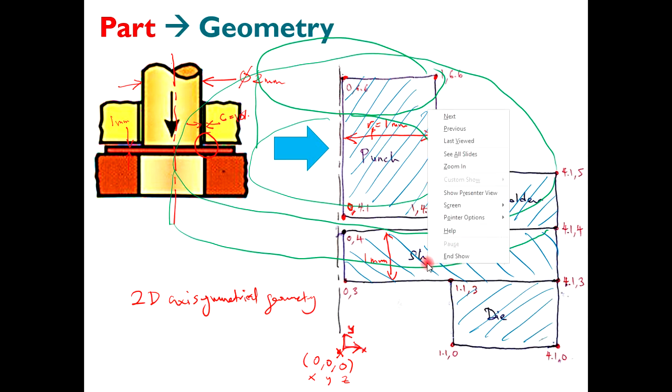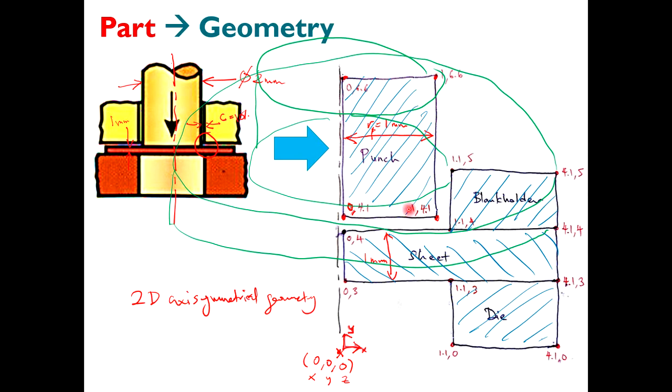That's why we need to locate each coordinate. You start from 0, 0 here, then go up here. We decide the thickness of the die to be 3, so you start from 0, 3 for the sheet. From here, 0, 3, and since the sheet is 1 mm thick, we get 0, 4.